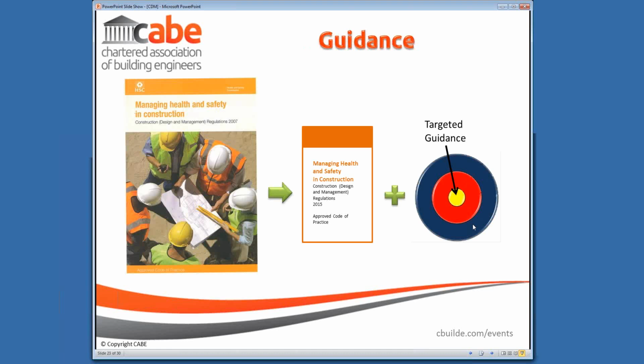That has, under the current framework, been supplemented by some industry-produced guidance, particularly focusing on the roles of the individuals, like the designer. And across the board with all legislation, the intention from government is to reduce the amount of government-produced guidance and have it replaced with industry-led. And that's the same in this intention with the proposals under CDM.